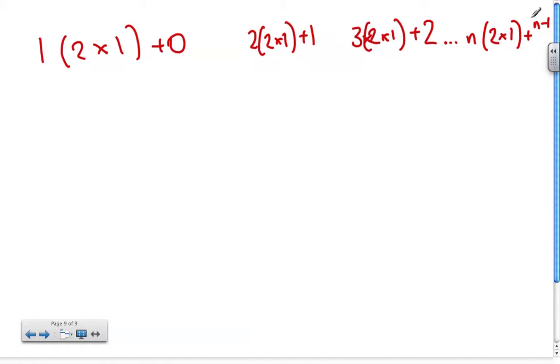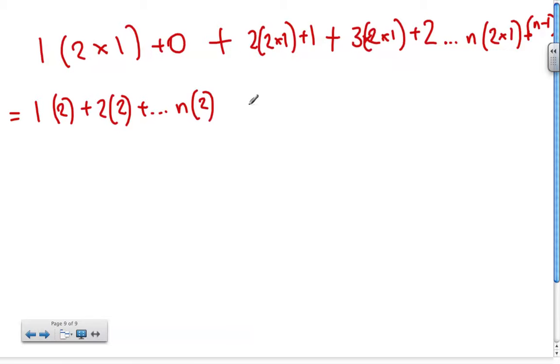So then we need to work out, well, how can we add all these up? So I looked at it and thought, what if I break it up into 2 additions? I took the lots of 2, so 1 lot of 2 plus 2 lots of 2 plus 3 lots of 2 plus n lots of 2. I grouped those together because they were all just being added together, so that's okay.